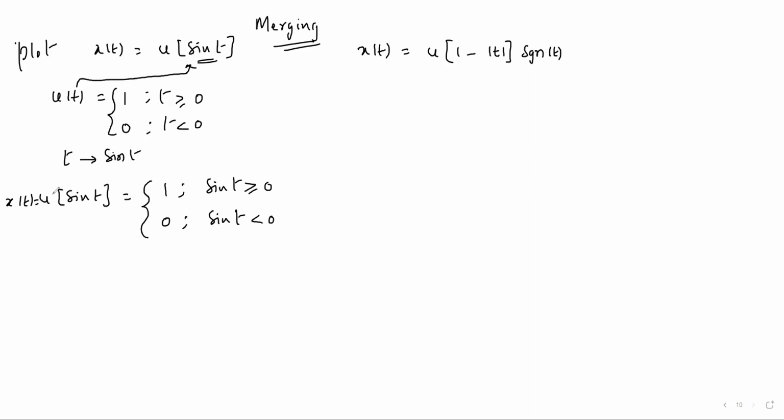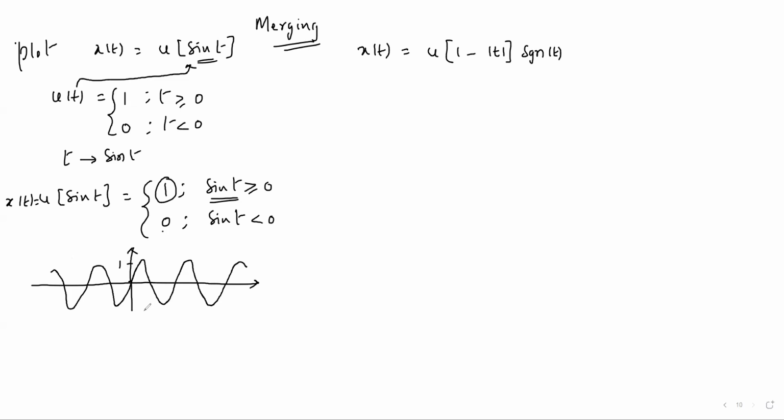To plot x of t, take the value 1 whenever sin t is greater than or equal to 0, and take it as 0 when sin t is less than 0. So first we need the sin t graph. The sine signal passes through the origin, something like this, from 1 to minus 1.